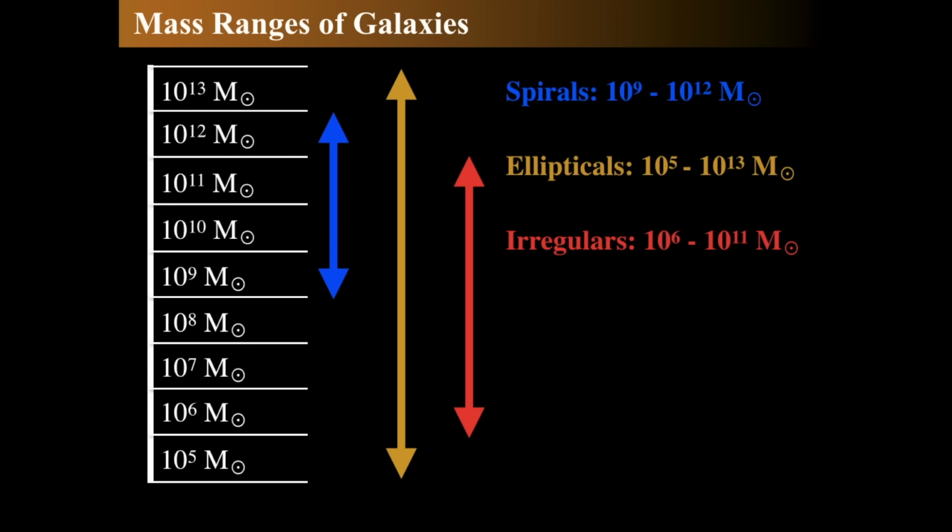So we're doing this all with respect to the mass of the sun, and that means that ellipticals span from 100,000 times the mass of the sun up to 10 trillion times the mass of the sun for the giant ellipticals. And irregulars are kind of an in-between group that go from about 1 million times the mass of the sun to some of them being as large as other spiral galaxies and larger than many spirals. So irregulars kind of span the gamut between them.